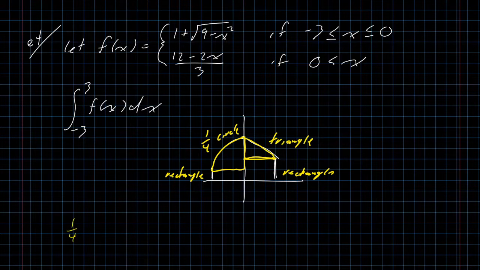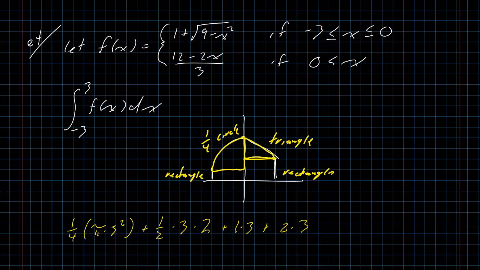All right, so 1/4 of the area of a circle, pi times 3 squared. The area of a triangle, 1/2 times the length of the base, which is 3, times the height, which is 2. I've got the rectangle over here, which is 1 by 3, and the rectangle over here, which is 2 by 3. All right, so I can break the shape up into all these pieces, and that's all that those 2 theorems are really telling me that I can do.